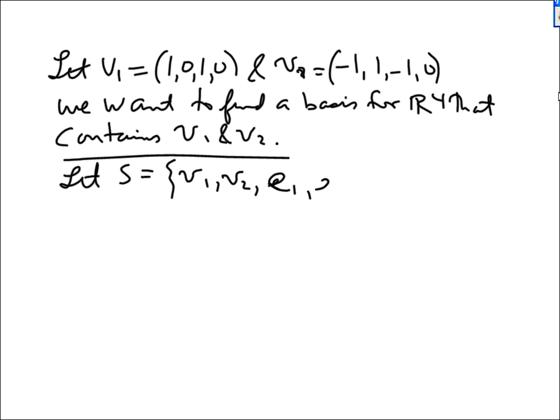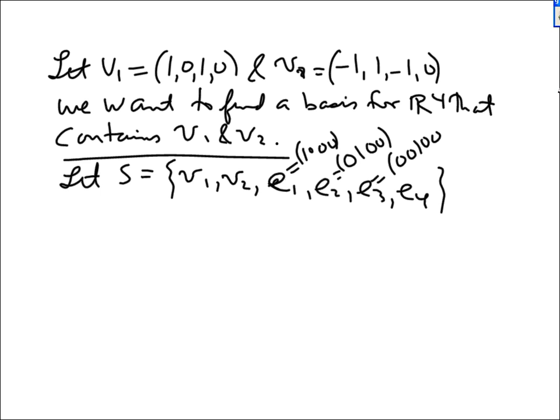How about E1, E2, E3, and E4? Remember, E1 is 1 and then 3 zeros. E2 has the 1 in the second position. E3 has the 1 in the third position. And E4 has the 1 in the last position. E4 is 0, 0, 0, 1.